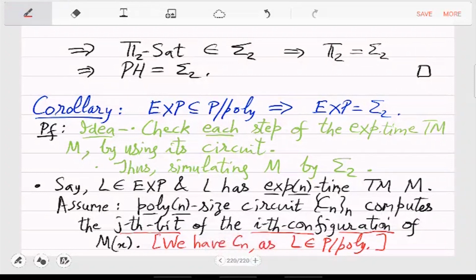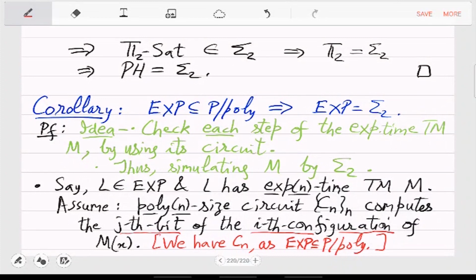And since we have assumed EXP is in P/poly, this circuit will exist, which computes any bit you want, your favorite bit from the ith configuration.